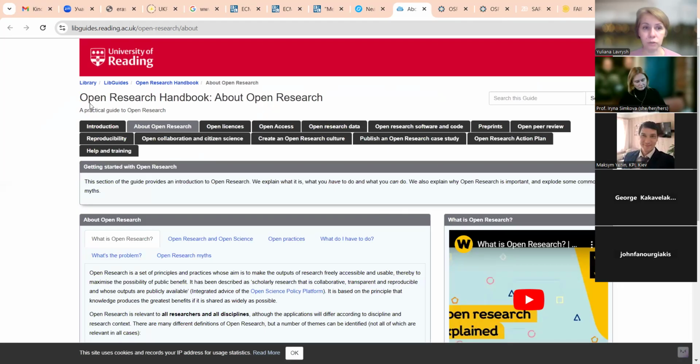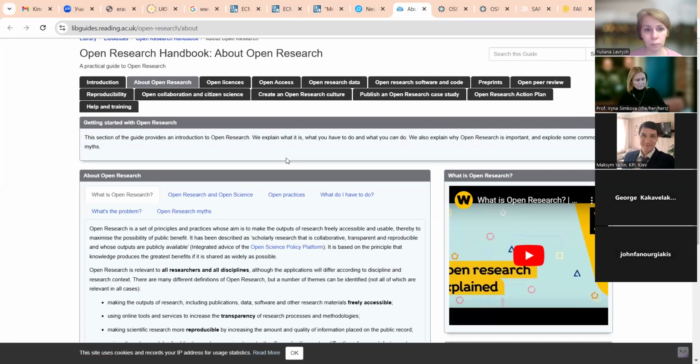I highly recommend you look through this open research handbook. It will tell you about everything in detail. We just don't have much time because open science is a universe of information. We will just discuss key points.